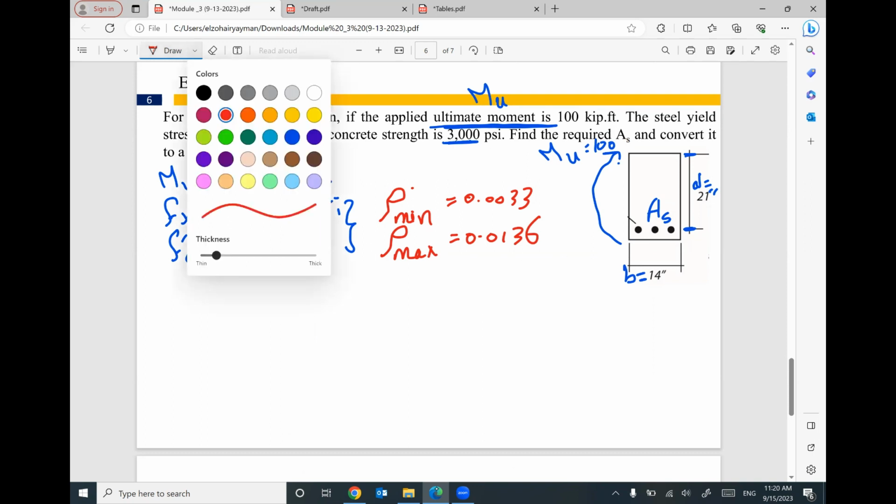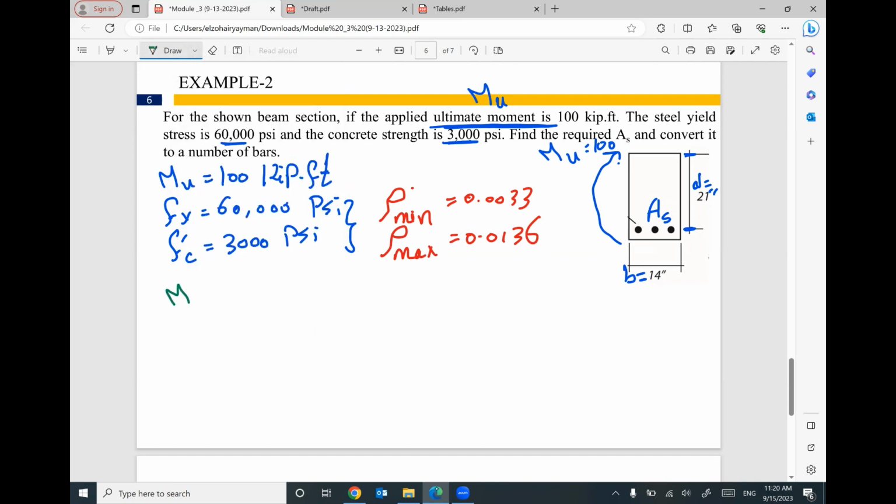Then I will figure out the value of M ultimate divided by phi BD square. Your moment ultimate is given. How much? 100. But this moment must be in pound and inch. So I need to convert this unit to pound and inch.